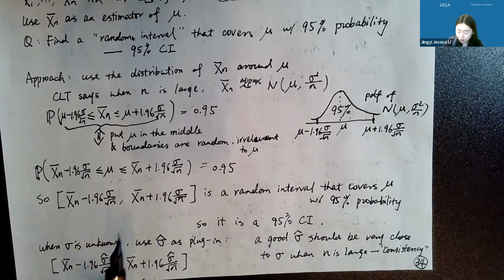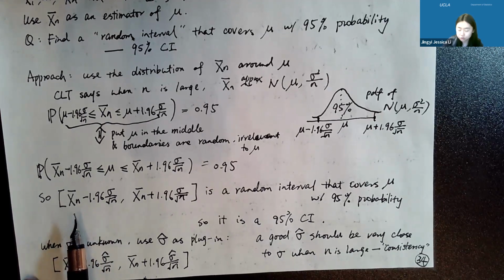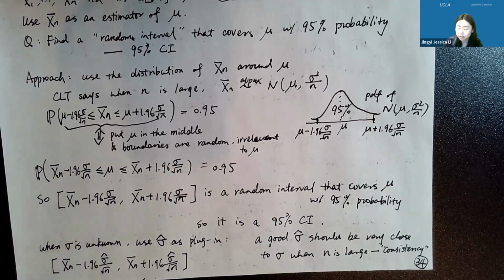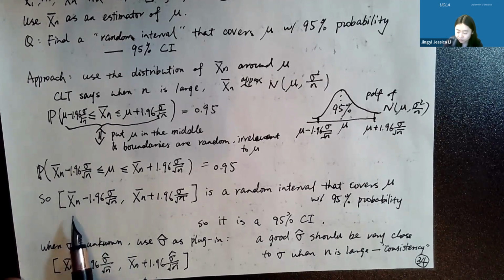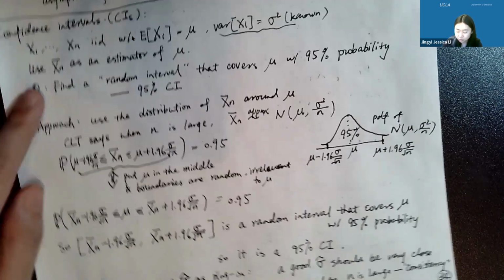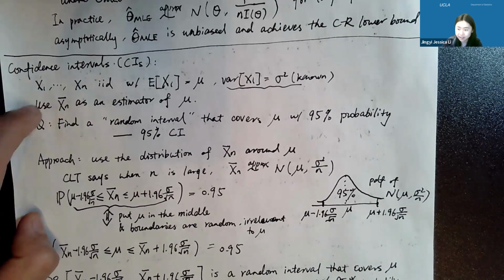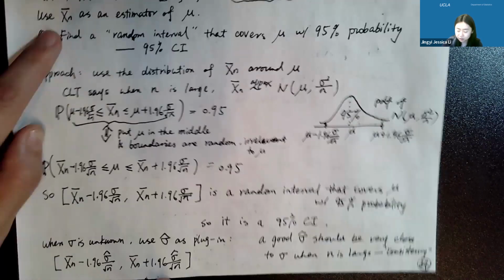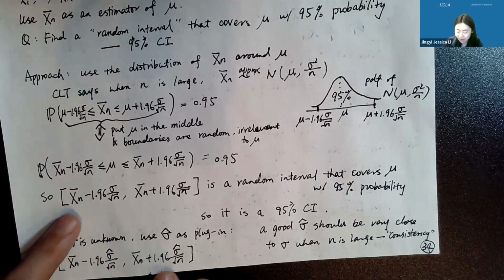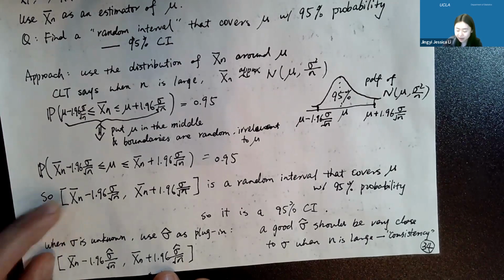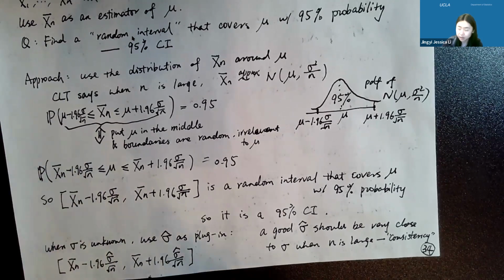And regarding the confidence interval, in your intro class, you would focus on calculation. So in calculation, what you will do is that you will have x1 to xn as n numbers. So based on those n numbers, you compute an average number. So you put the average here and here. That gives you an interval.